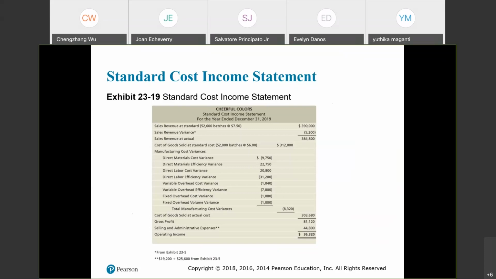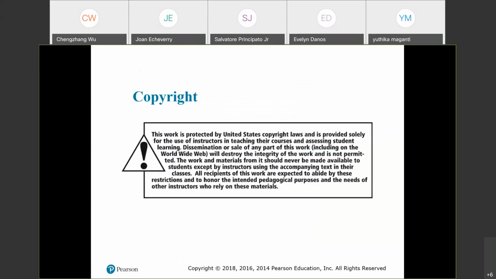Therefore, 2019's operating income is 8,320 more than it would have been if all the actual manufacturing costs had been equal to their standard cost. So that's the end of this chapter.